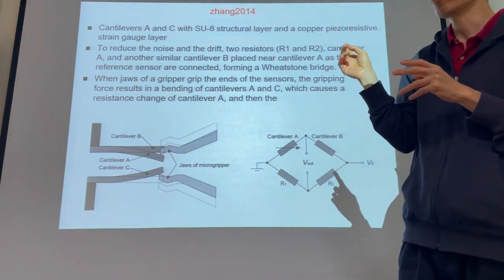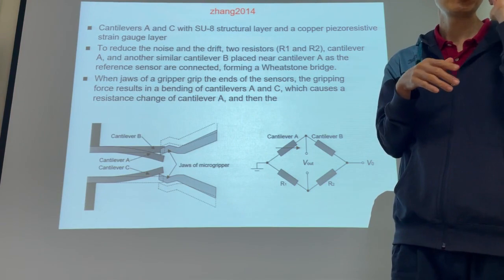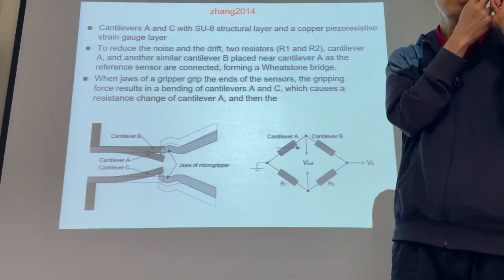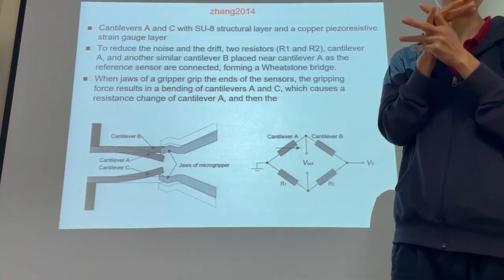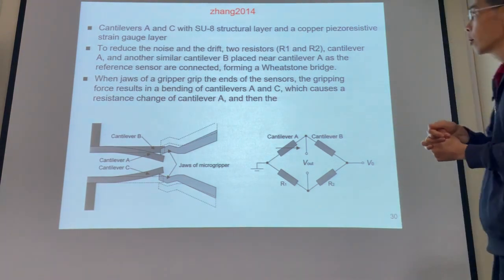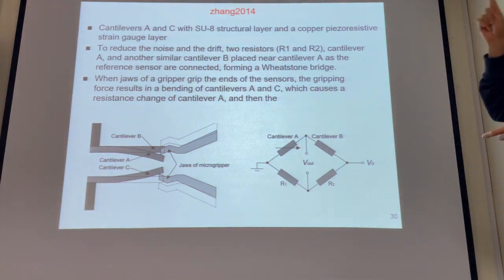But for piezo materials, the delta R or delta V might be large, so you could measure it. So copper also is a piezoresistive material, so they use copper for the piezoresistivity.